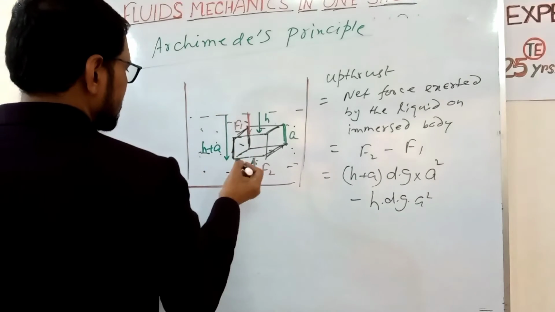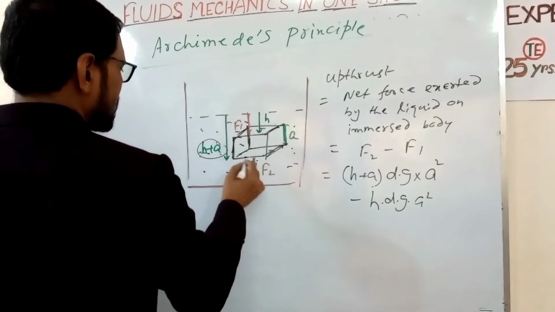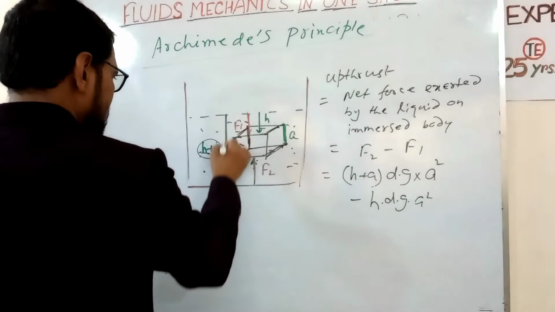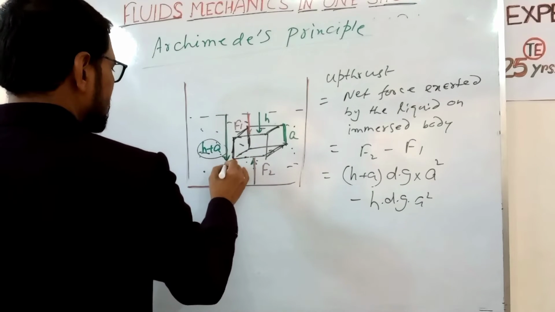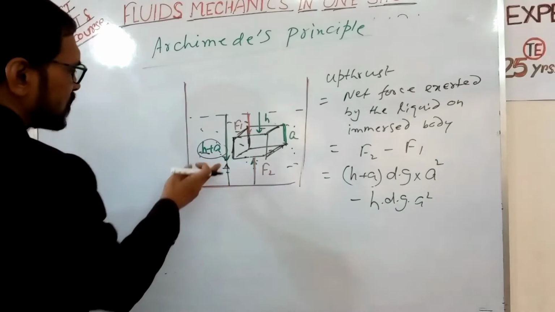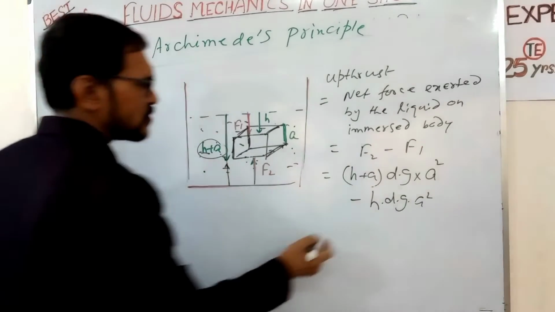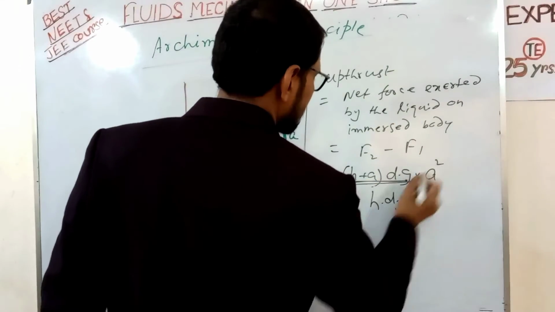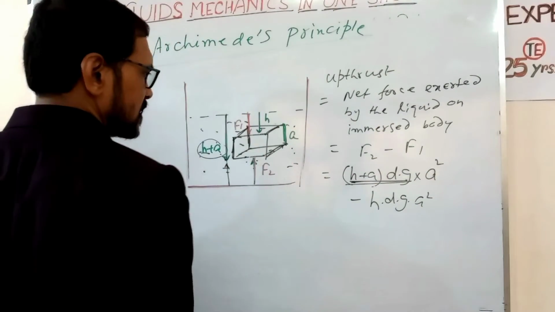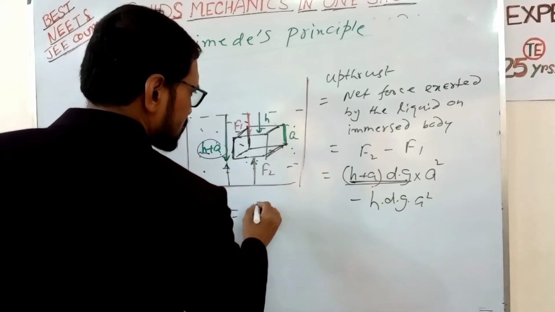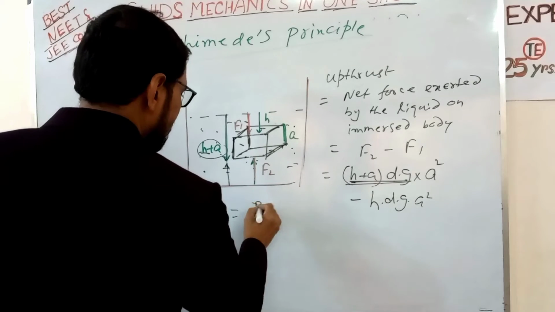Downward pressure and upward pressure are both equal. So upward pressure equals this into area. This is the force. So we calculate a square, and from this we get a cube d into g.